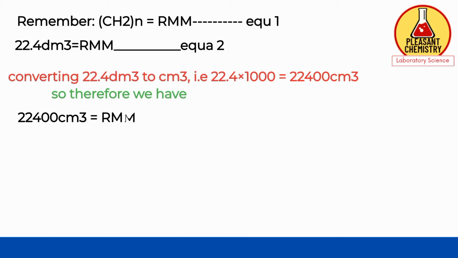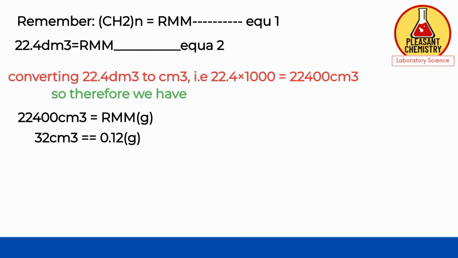So we multiply 22.4 dm3 by 1000 to give us 22,400 centimeter cube.